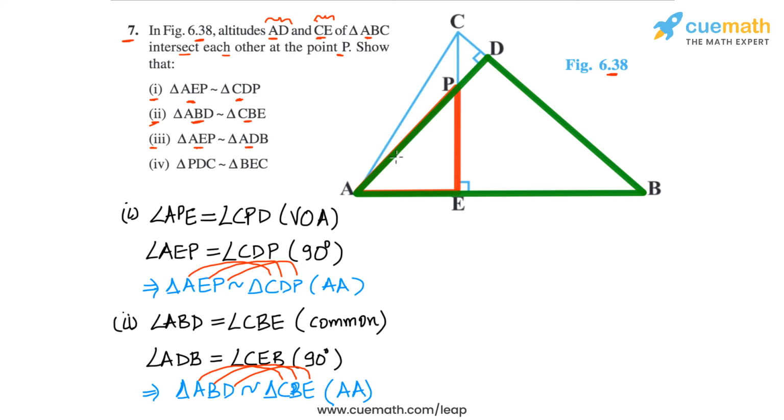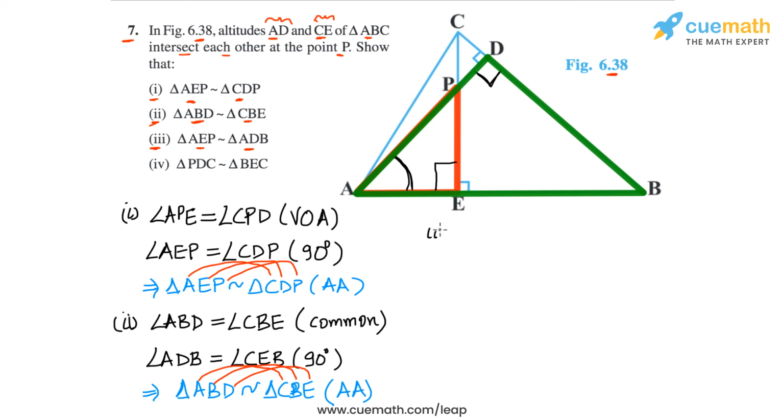So we see that this angle at A is common to both of these triangles, and this angle here, angle AEP, and this angle ADB, both of these angles are 90 degrees. So once again, the AA similarity can be applied to these two triangles.